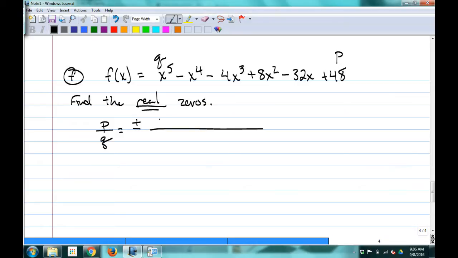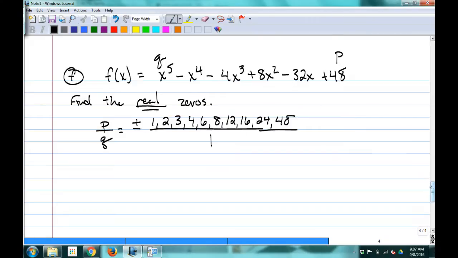So the factors of 48: 3 goes into it, 4 goes into it, 6, 16's in there, 16 times 3, and then 24 times 2, and then 48. And on the factors of Q, that's easy, 1. It's a pretty big list, but you're dividing them all by 1, so you really just have the numerator there. Those are the possible zeros.